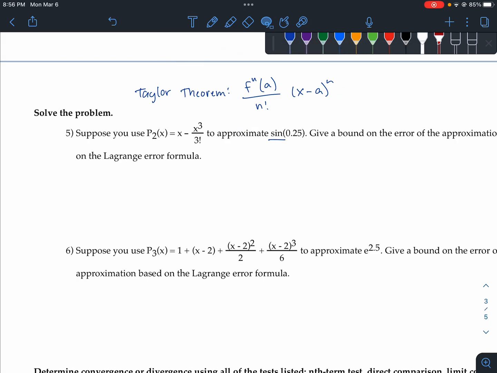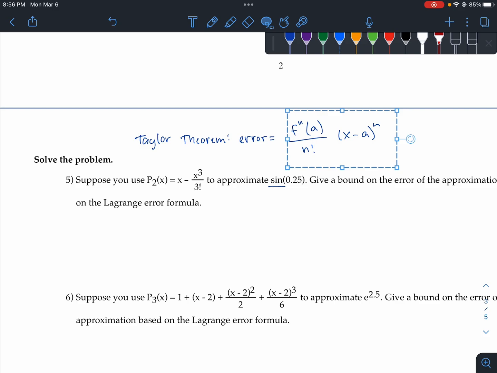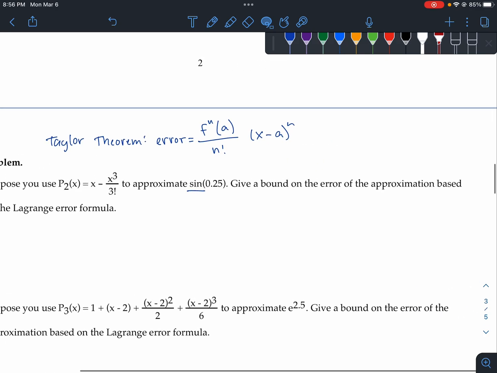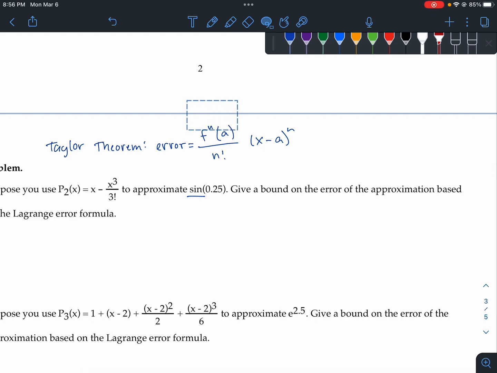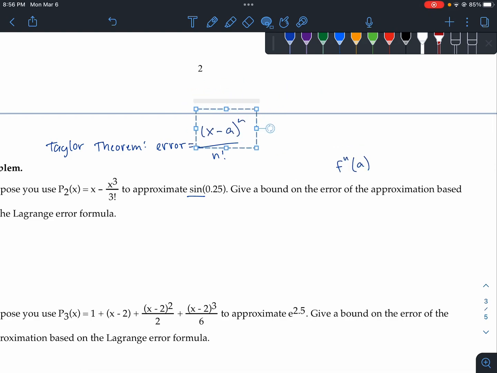Now Taylor's theorem said this though. He said that the error of a Taylor series is equal to, he could actually find the actual value of the error. If I rearrange this just a little bit to the notation that we use, it was equal to the n plus 1 term.